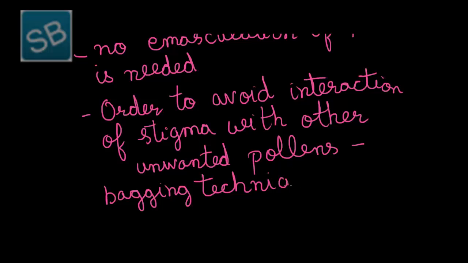This is the only difference between unisexual and bisexual flowers. The rest of the process of artificial hybridization remains the same.